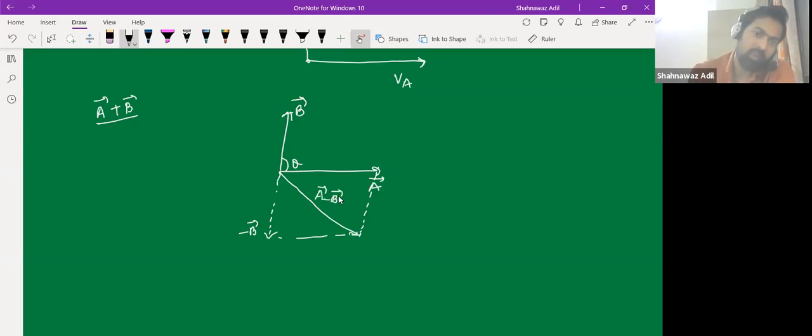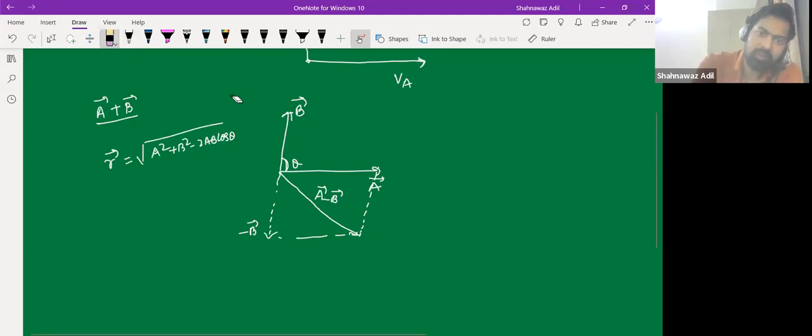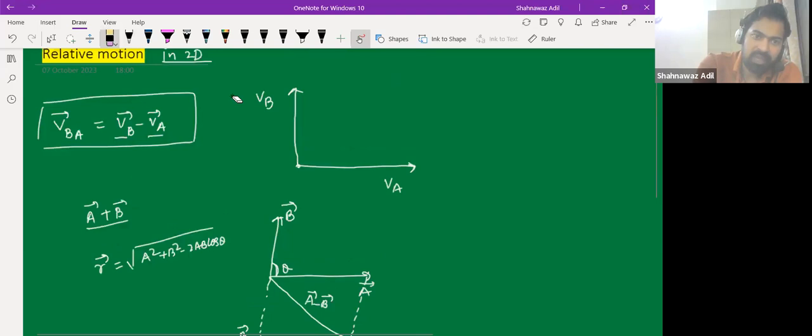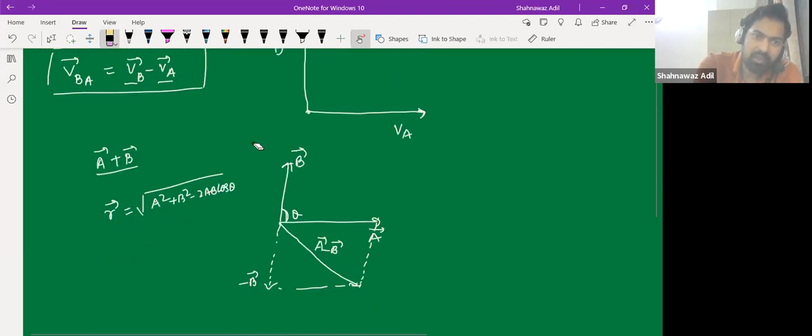So this is what we will do in this case. Whenever we talk about relative motion, what would be this magnitude? The magnitude of A minus B was the square root of A square plus B square minus 2AB cos theta, where theta was the angle between A and B. Keeping all those things in mind, we have to calculate VB minus VA.